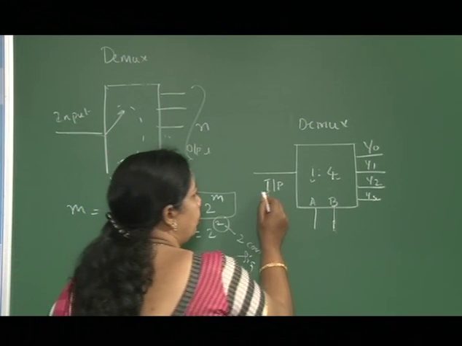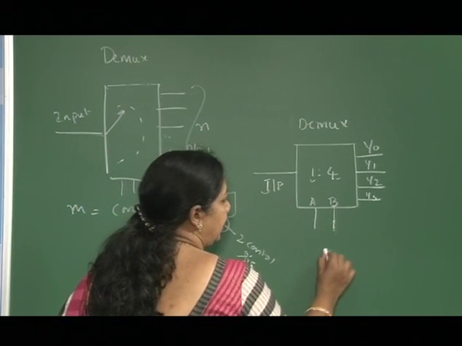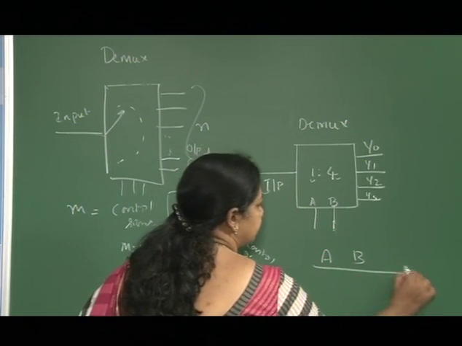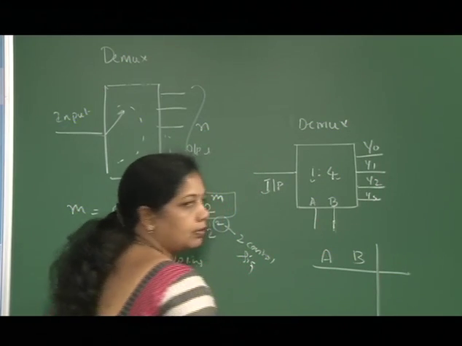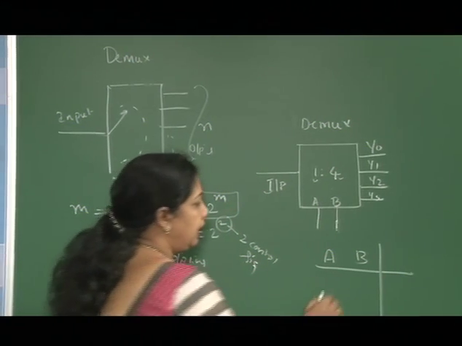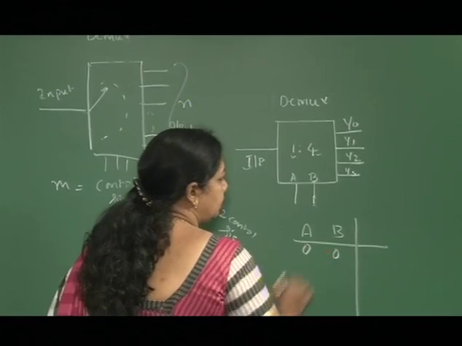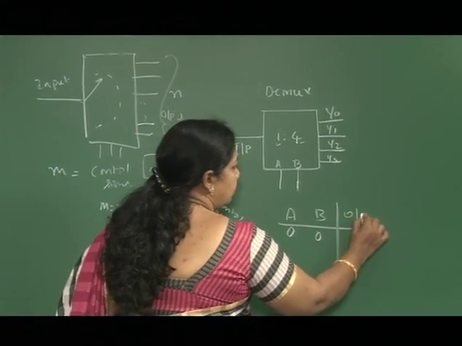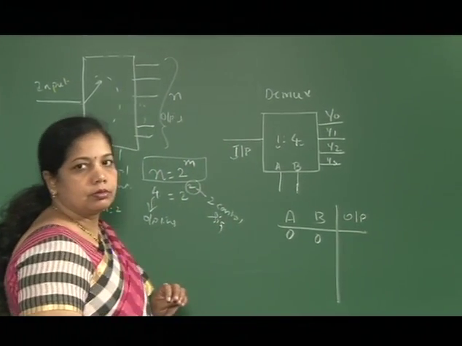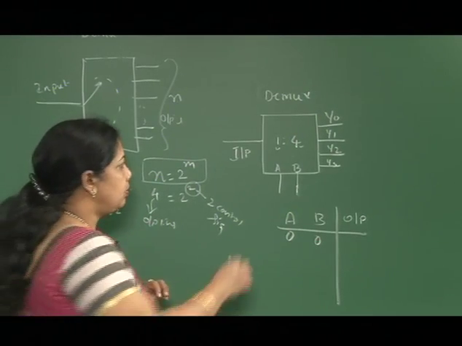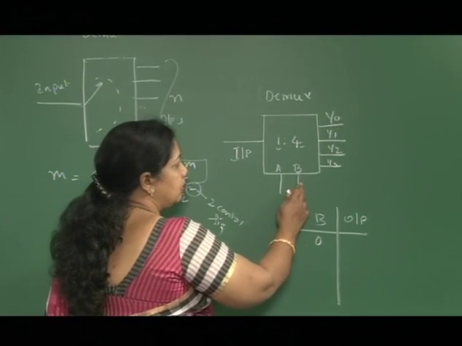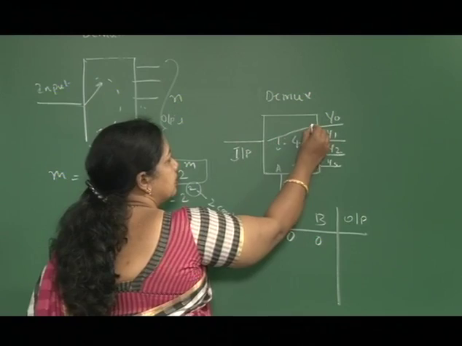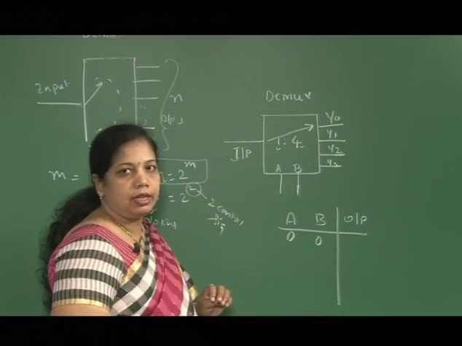Whenever my inputs A and B are 0, 0, what is my output? The input is sent to the output line.